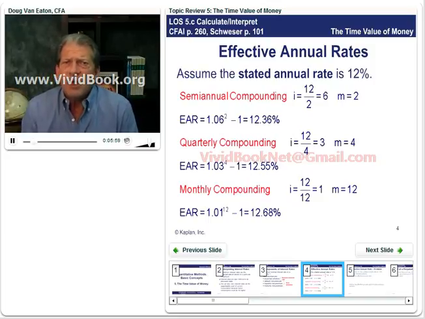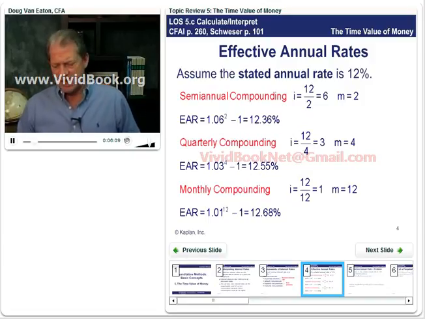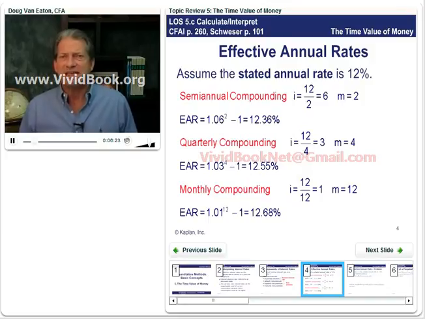So with semi-annual compounding, that means that we would earn 6% every 6 months, twice a year. So our effective annual rate of return is going to be higher when our compounding periods are shorter than annual. Now, if it's just annual compounding, we're going to put in $100 at the beginning of the year, get $112 at the end.